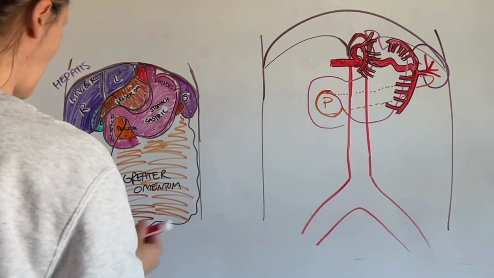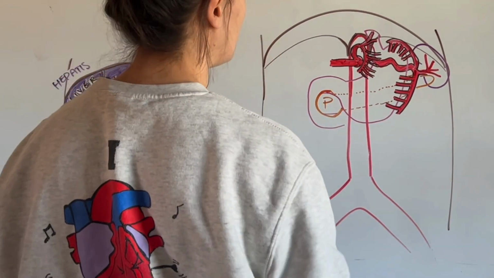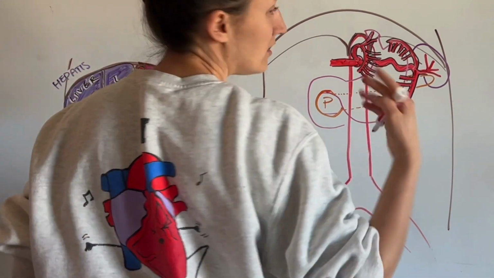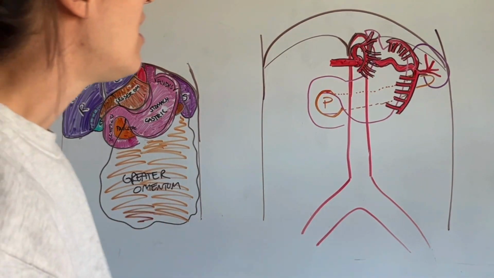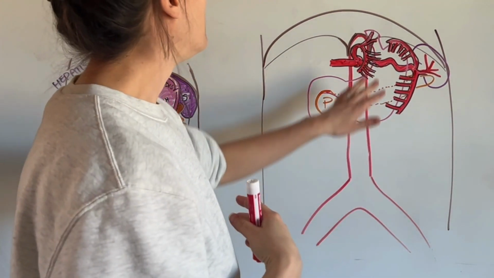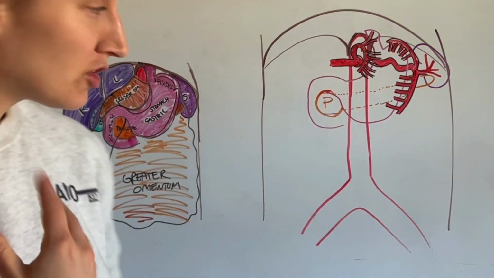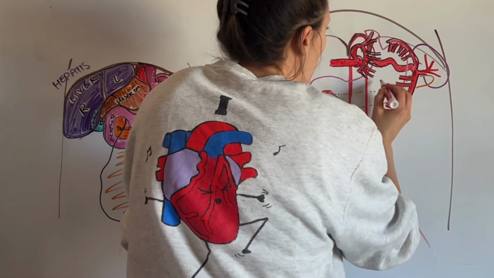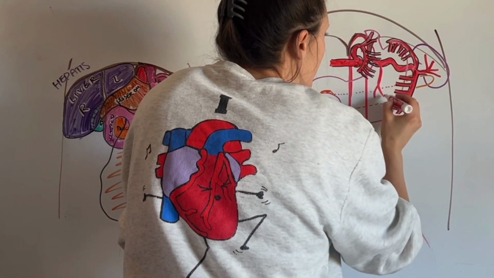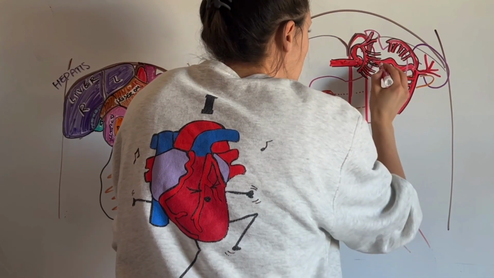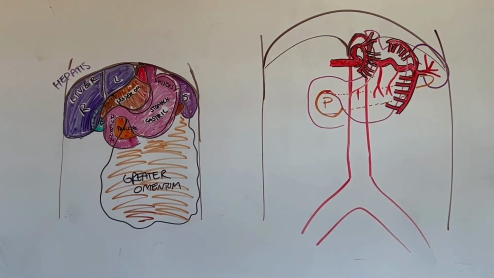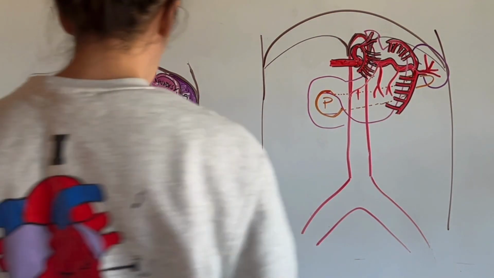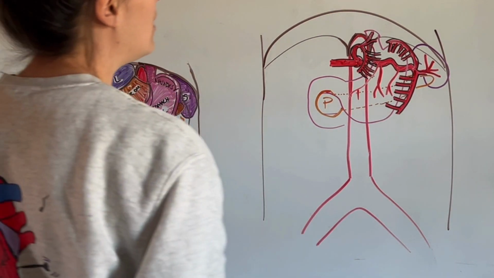For something that does so much for your body, it's really crazy how they just don't look that interesting, to me at least. The pancreas, though, is going to get blood supply, many different branches from the splenic artery. So I just wanted to mention that. The splenic artery is also giving off various branches to the pancreas. So that exists, that is there. They are pancreatic arteries. If you have to learn them, they're pretty simple.